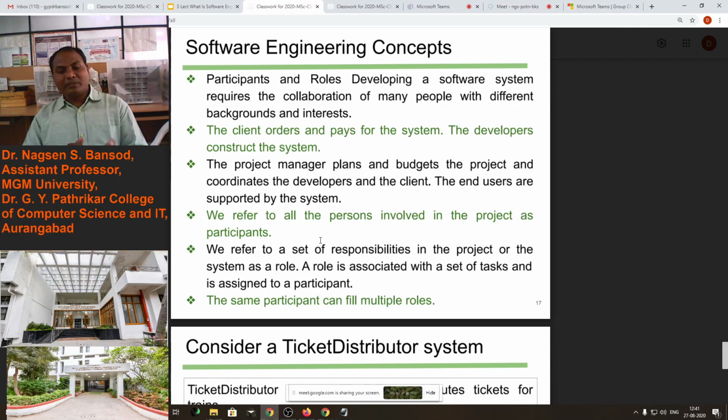The developers and clients: what is the need of the client, and what we can do for developing a software, which type of programmers we require. All these tasks will be performed by the manager.